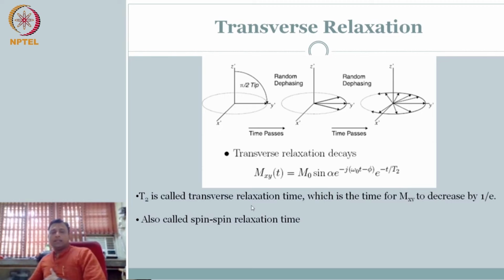So T2 is called the transverse relaxation time, which is the time for Mxy to decrease by 1 by e. This is also called the spin-spin interaction relaxation time. Just to be clear, T2 has to do with neighbor spin-spin interaction.